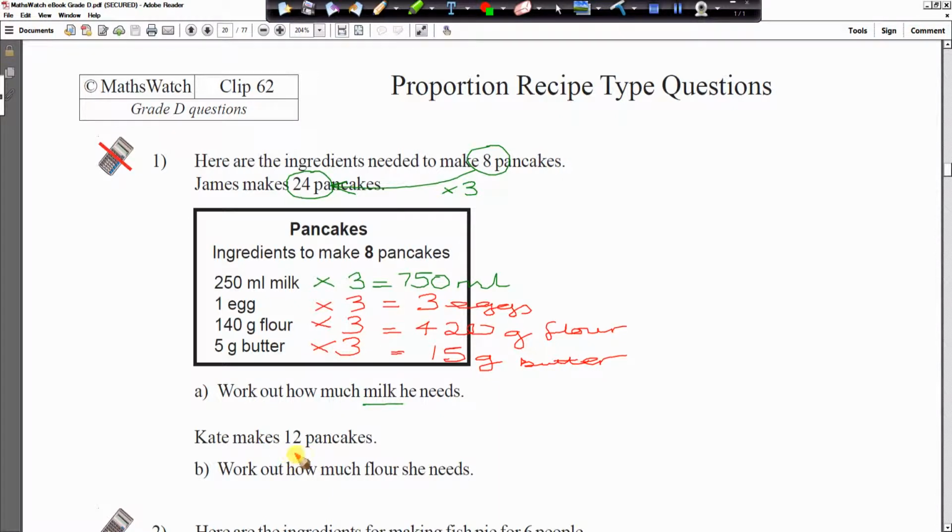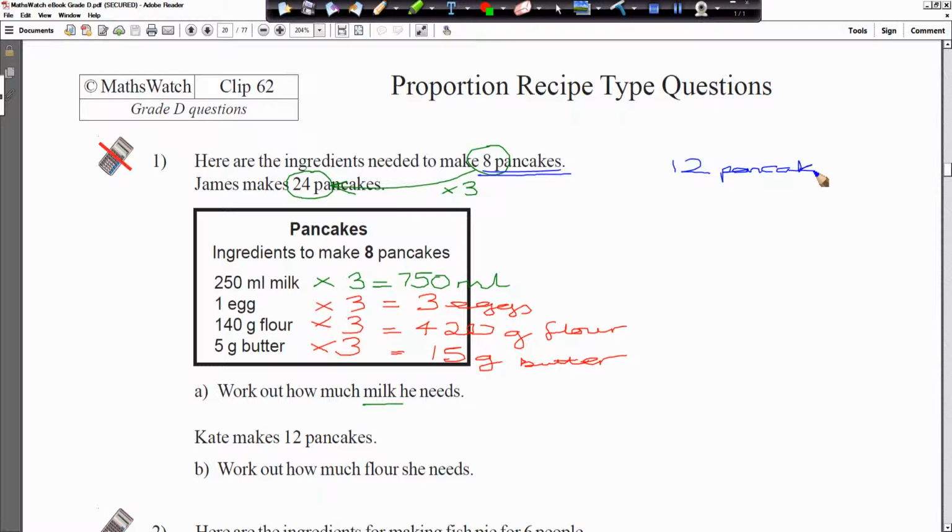Now the question goes into Kate makes 12 pancakes, work out how much flour she needs. We know the ingredients for 8 pancakes. We now need to get to 12 pancakes.